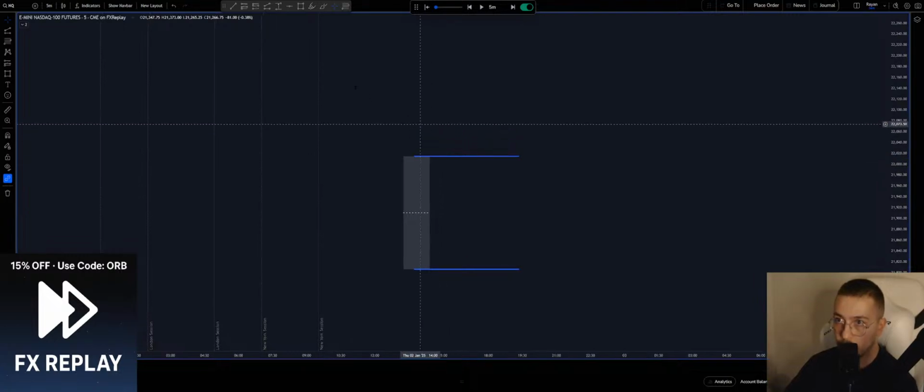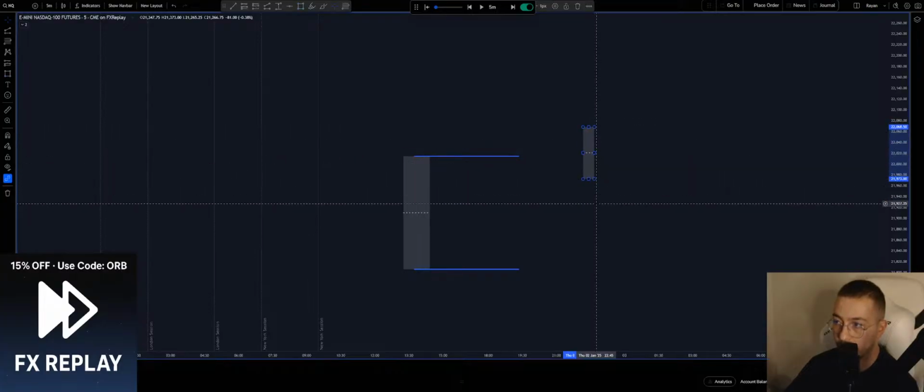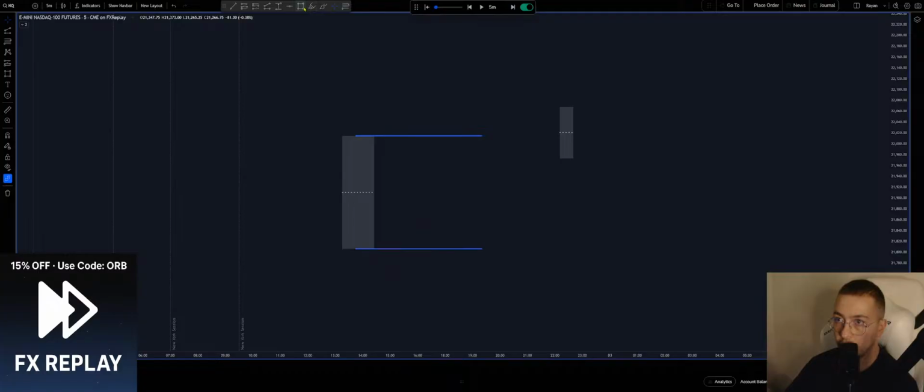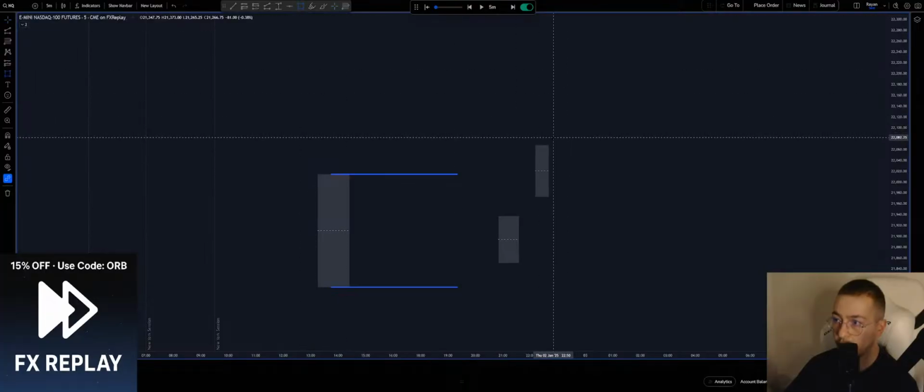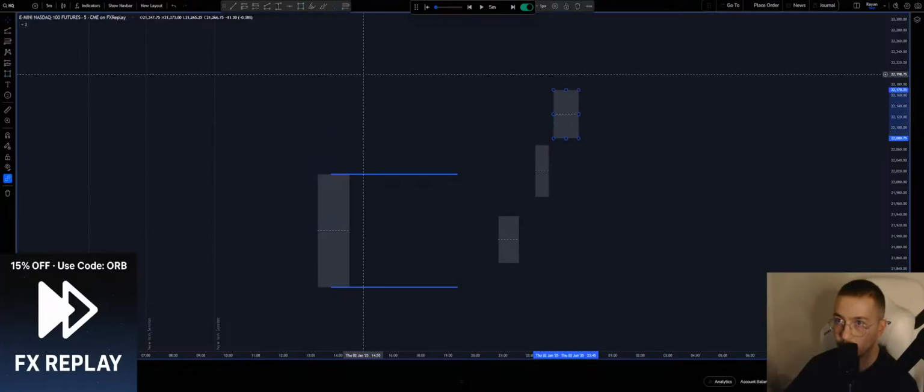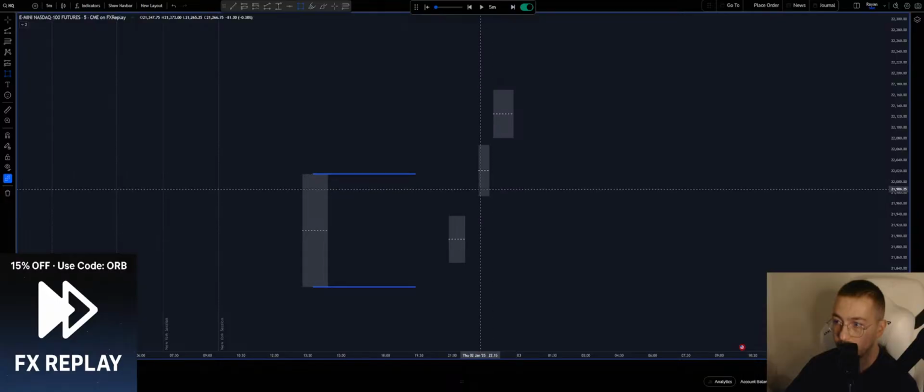Okay? So what is a fair value gap? Fair value gap is basically when there is a gap between 3 candles. Let's say that there's 1 candle here, a bullish candle, right? 1 candle here and 1 candle here. You guys know what is fair value gap, but I'm just gonna explain it. So here there's a gap. Oh sorry, I actually drew it wrong.